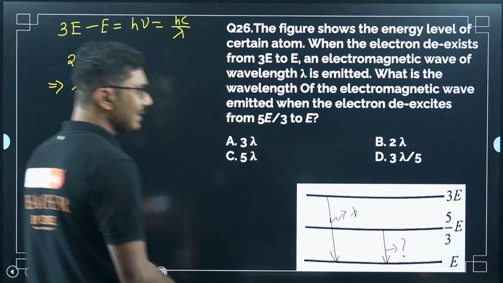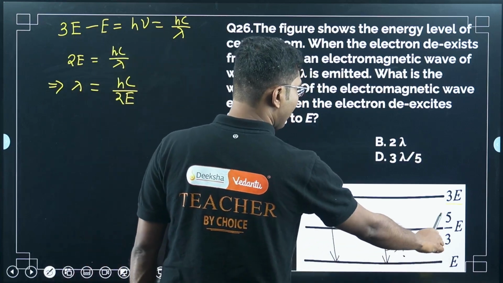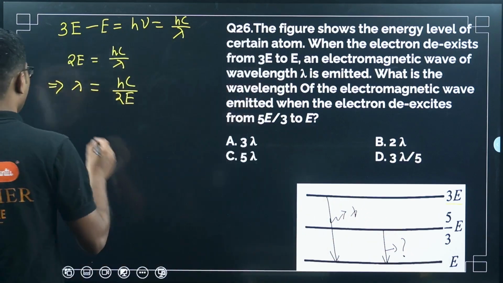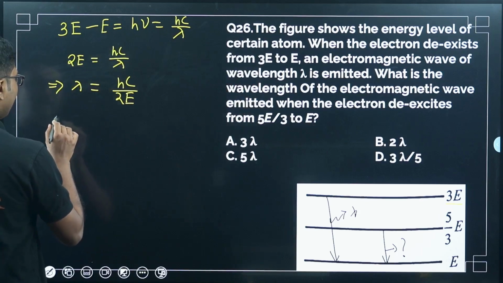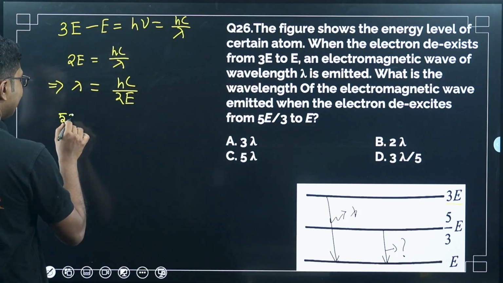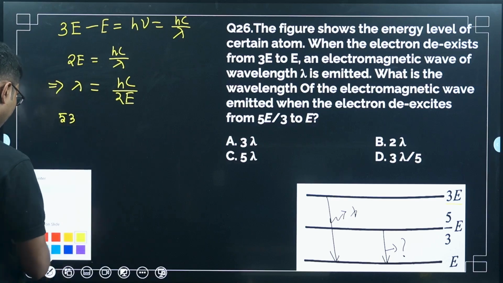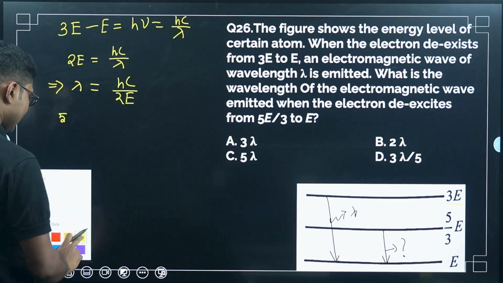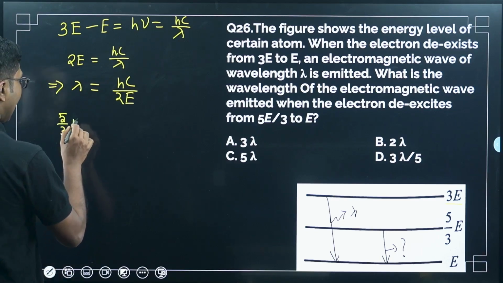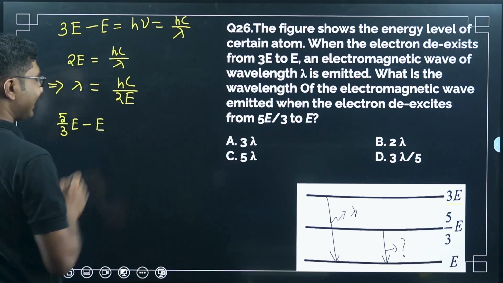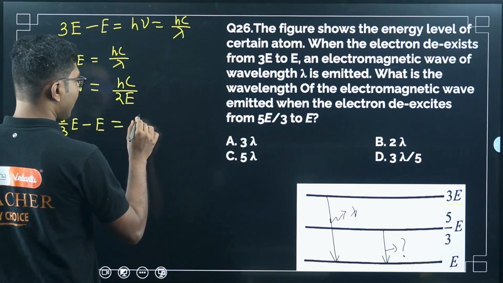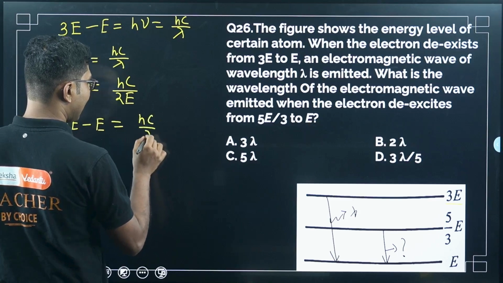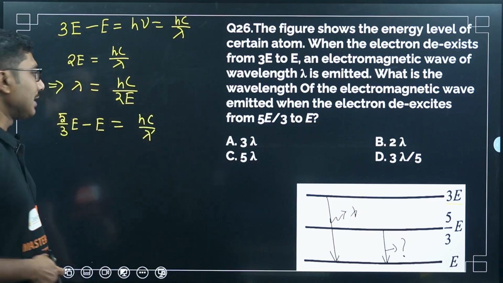Now the second part is, it is jumping from 5E by 3 to E. So 5E by 3 is the initial state and the last is final, which is E, and that should equal hc by lambda dash.